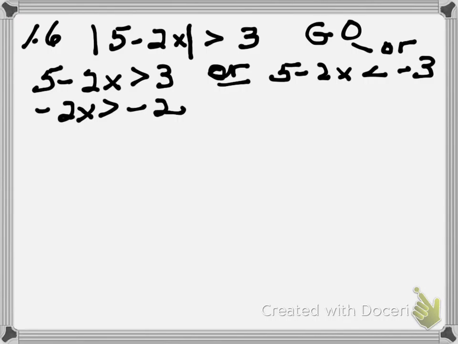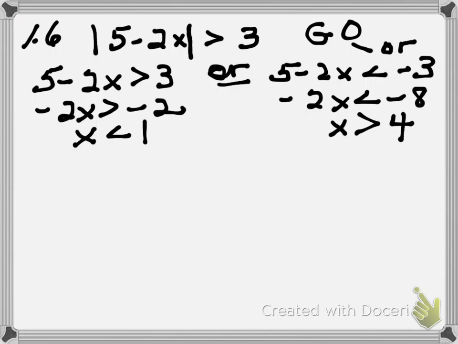This is what I was talking about a few minutes ago. If I'm multiplying or dividing by a negative, I reverse the inequality. X is less than 1. Here I have negative 2x is less than negative 8. Multiplying or dividing by a negative reverses the inequality.